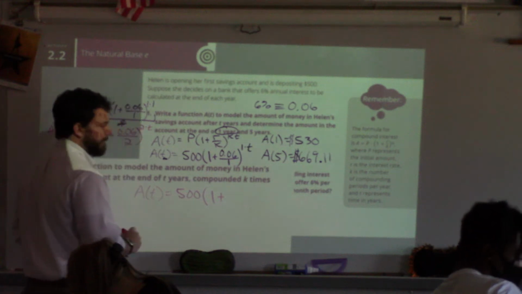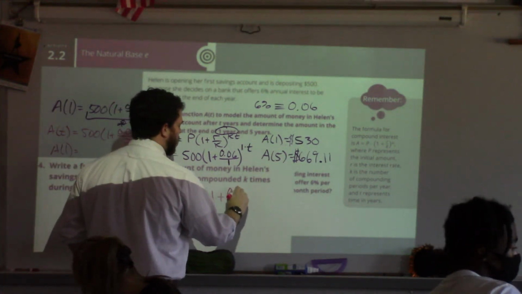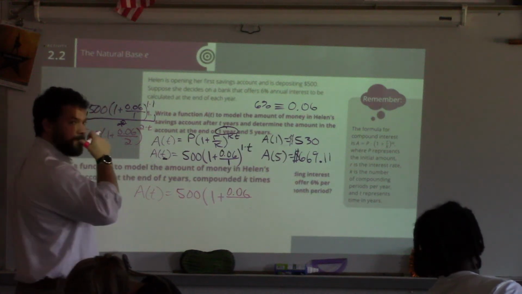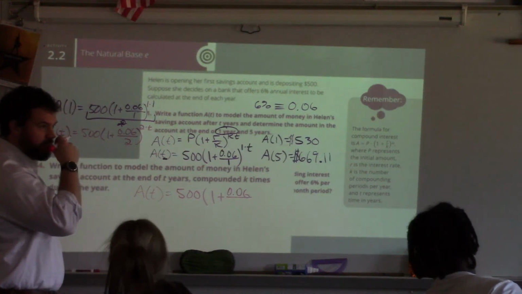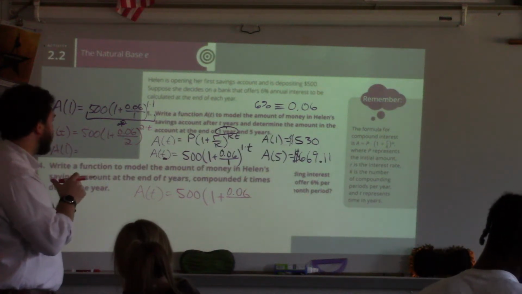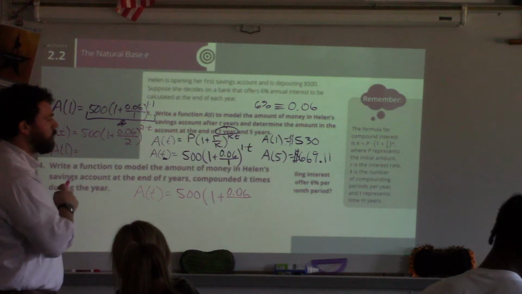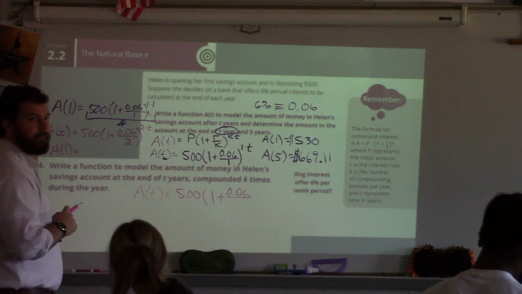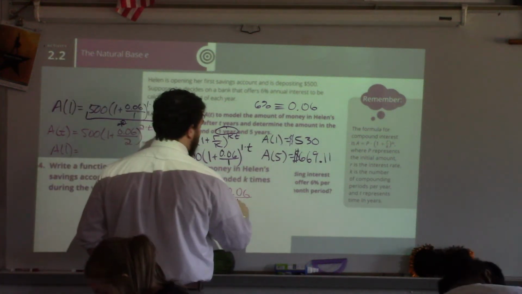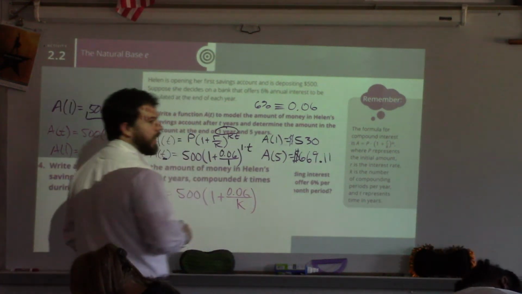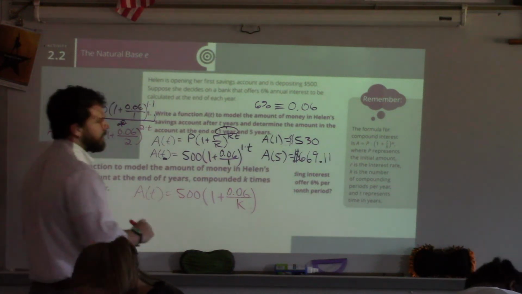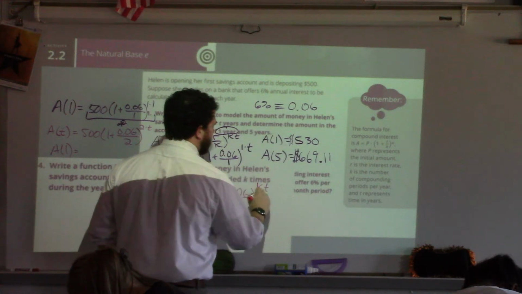So how would I write that? 0.06 divided by, look at number 4 again. It's just k. It doesn't say 2 times anymore. It's divided by k. So then it'd be raised to what power? kt. The order doesn't matter, but traditionally we do kt.